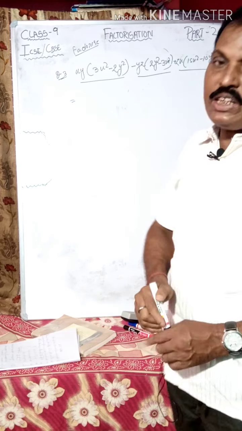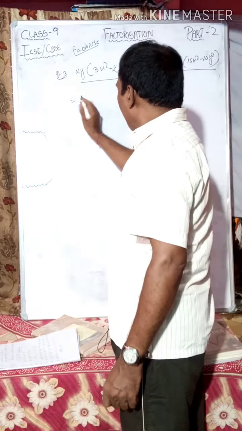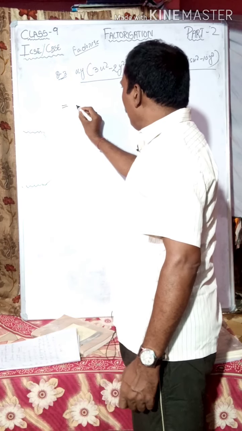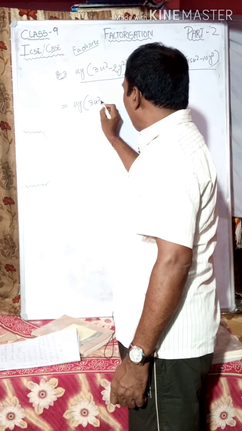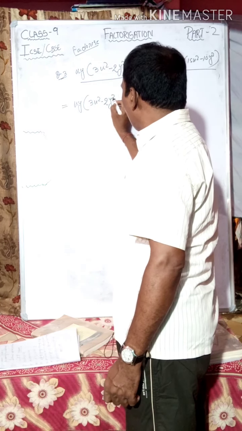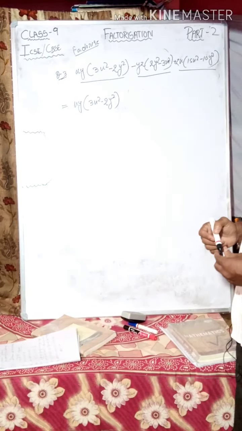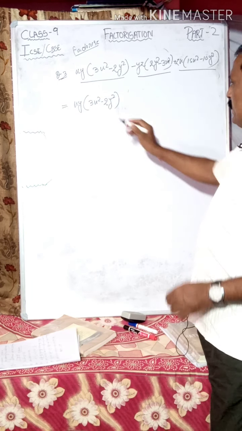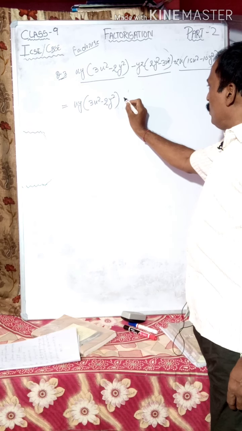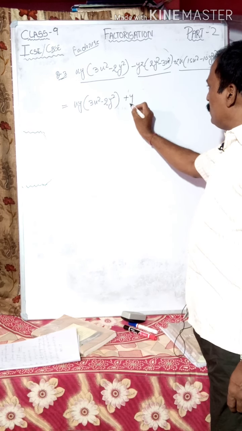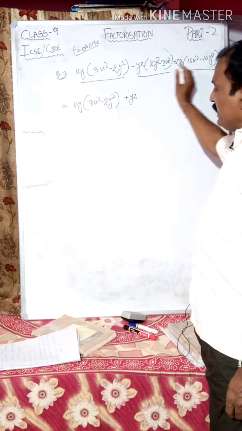Now rearrange the expression. That is equal to xy whole into 3x square minus 2y square, because there is no common in the bracket, so it is the second factor. Here minus changes into plus yz, so the minus goes inside the bracket.